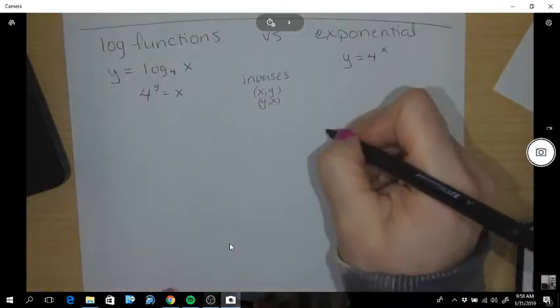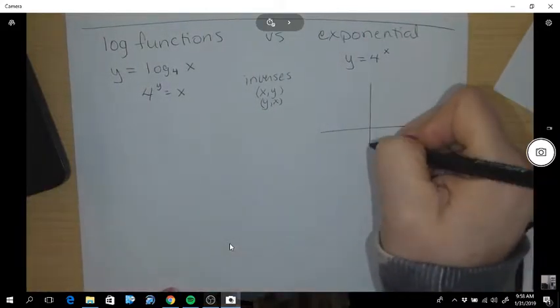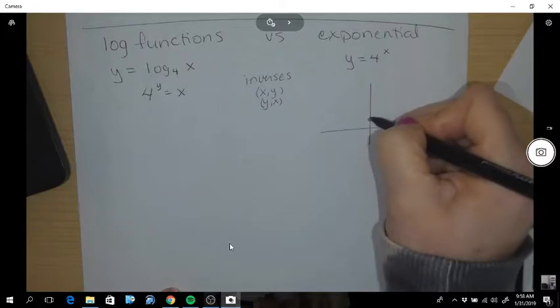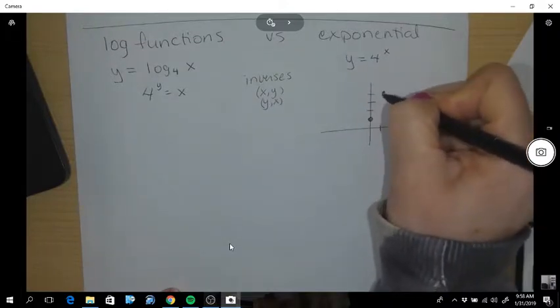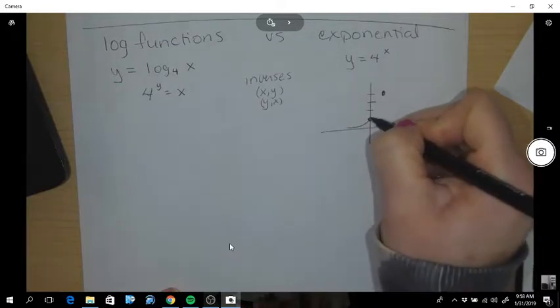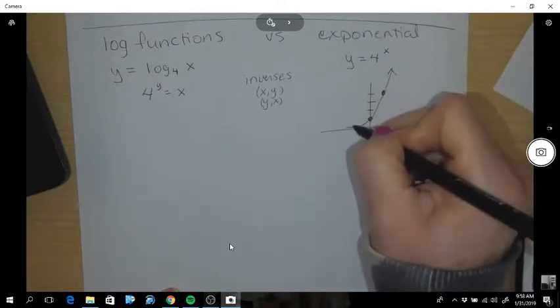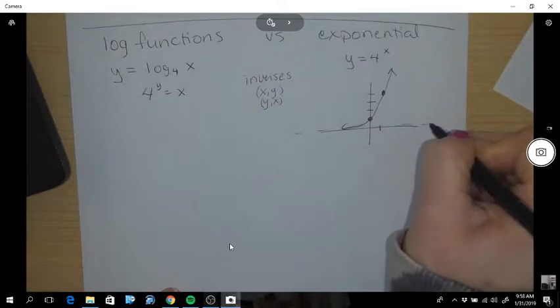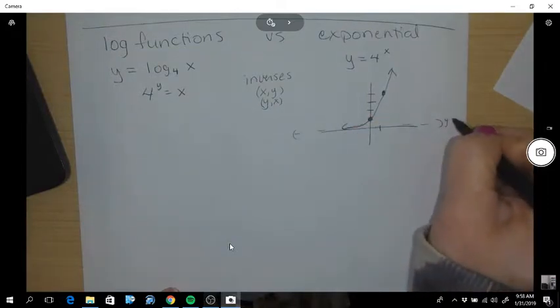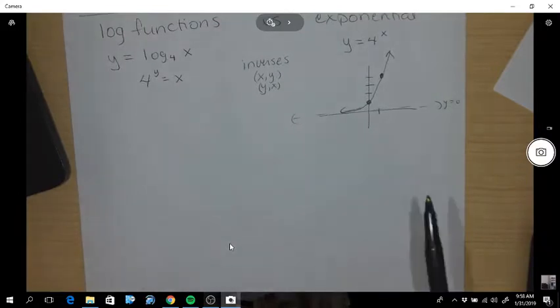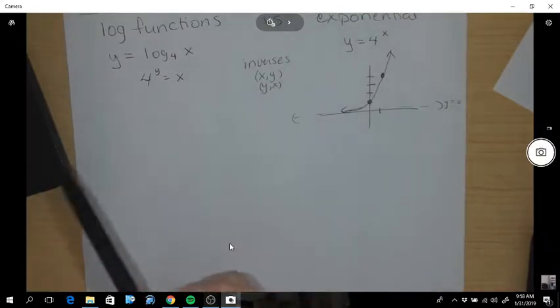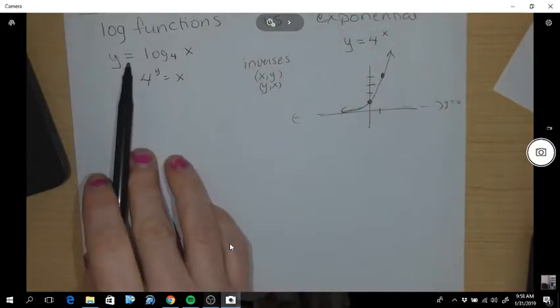So let's just graph this one first, because we knew that 4 to the 0 is 1, and 4 to the 1 is 4. And we knew that it went up like that and approached the asymptote y equals 0. Okay, so we know these things about our log function graph.